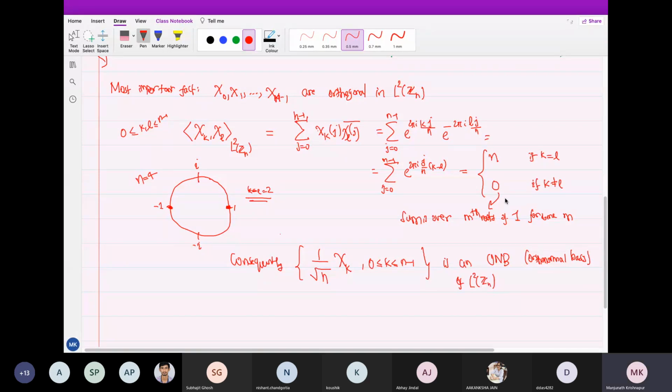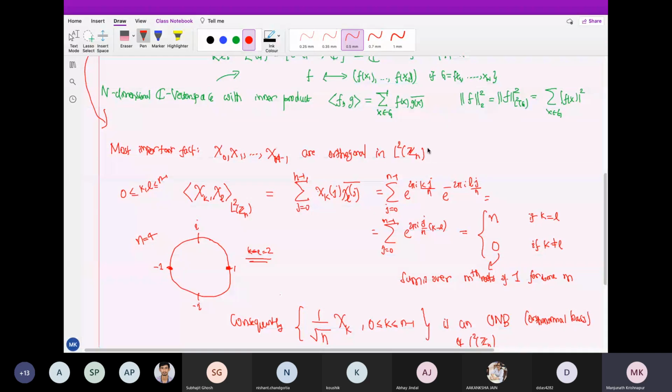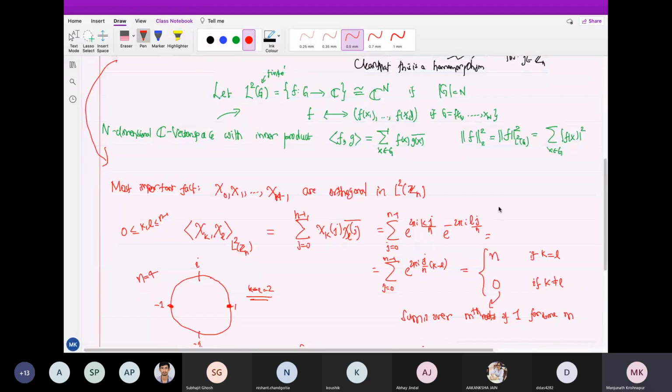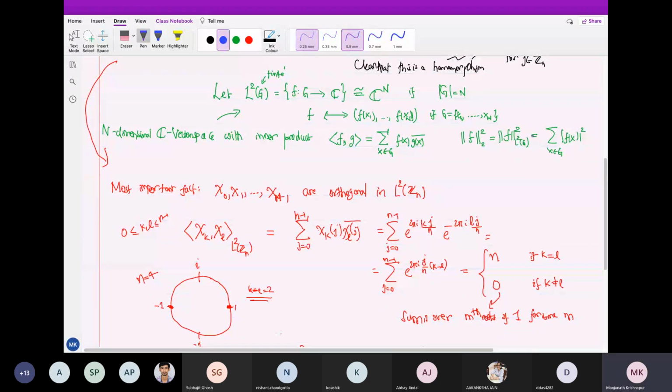See, there are other orthonormal bases of L2 of Zn. The standard one, if you identify it as Cn, what is the standard orthonormal basis you will take in Cn? The one where you take coordinate vectors, 1 in one place and 0 in the rest, right? So a different orthonormal basis, if you think of it as Cn, the more natural one, we can call it delta k.